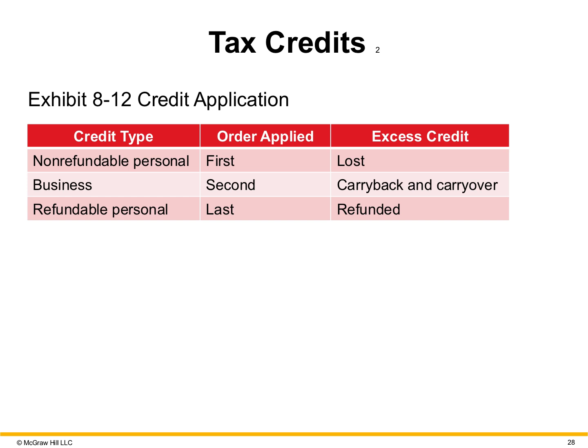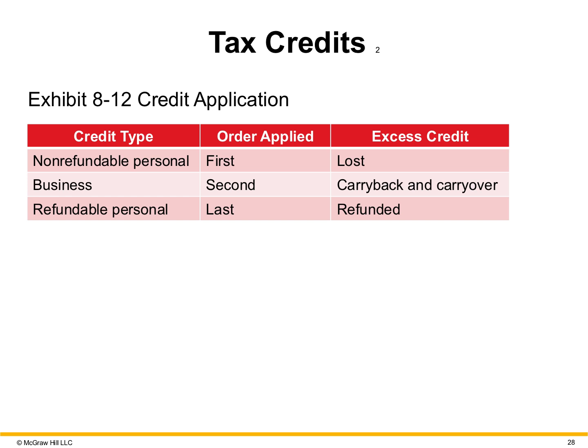And so then when those credits are applied, for the non-refundable personal, since that cannot reduce a taxpayer's gross tax below zero, any excess credit is lost. For the business credits, those also cannot reduce the gross tax below zero. So then if there is an excess business credit, those can be carried back and carried over.